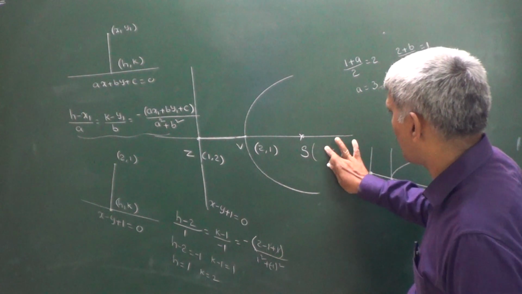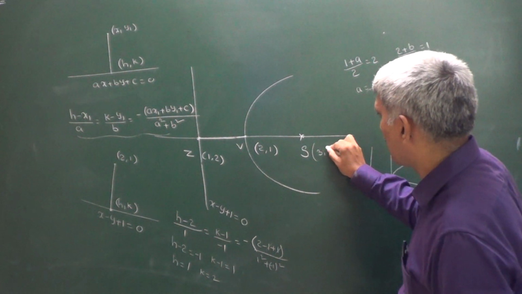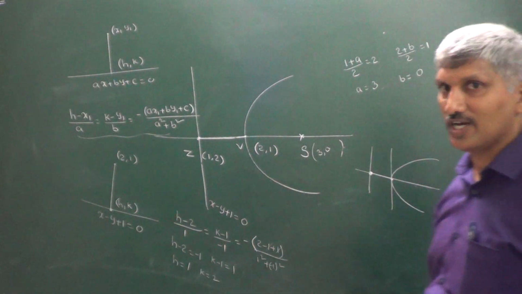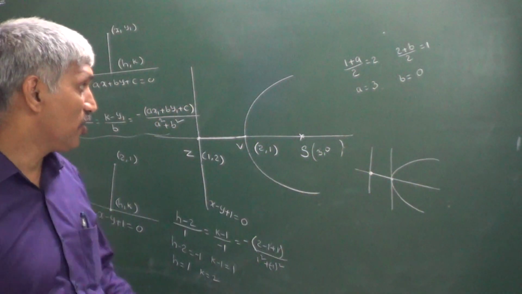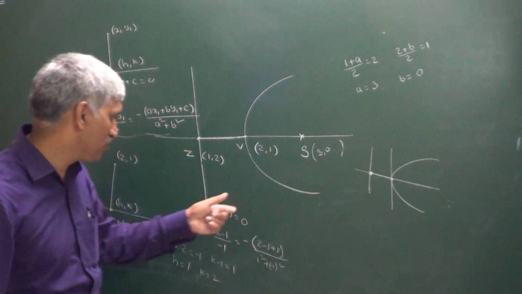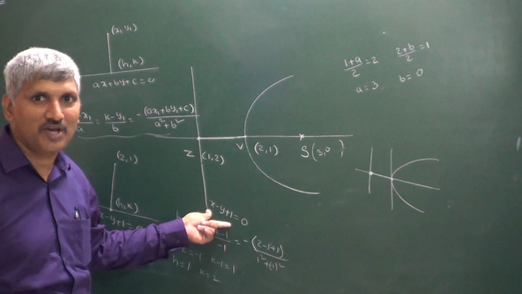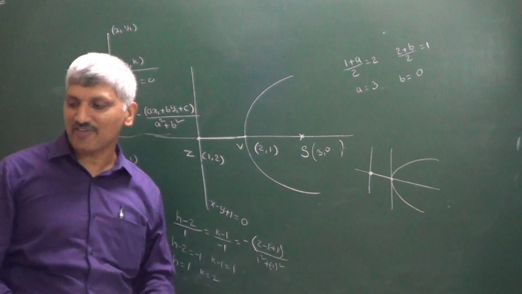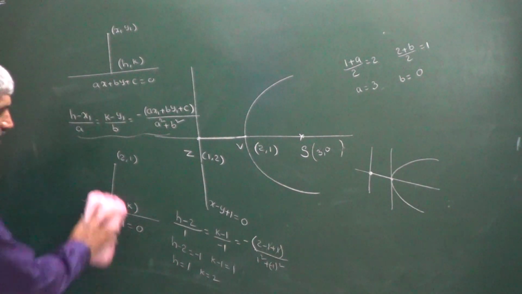So we got the focus as (3, 0), and the directrix is x minus y plus 1 equals 0. Then we can find the equation of the parabola.